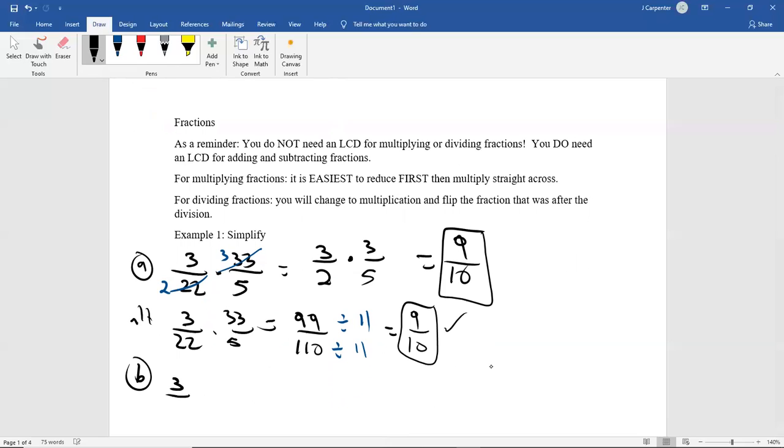What if we had 3 over 22 divided by 9 over 40?